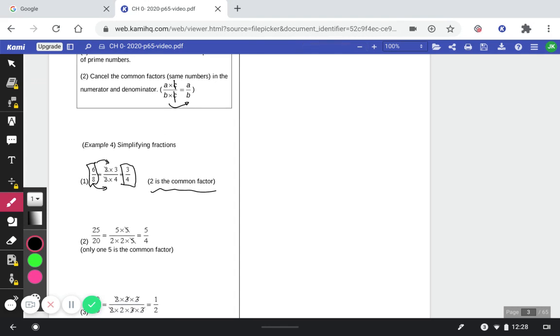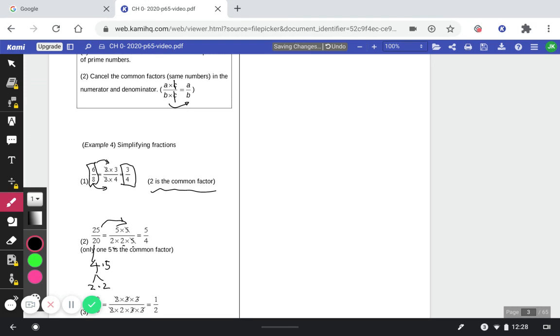Again, if you have 25 over 20, 25 can be written as 5 times 5. 20, if you write in prime numbers, is 4 times 5, but 4 is not a prime number. So 4 can be written as 2 times 2. So you write 2 times 2 times 5.